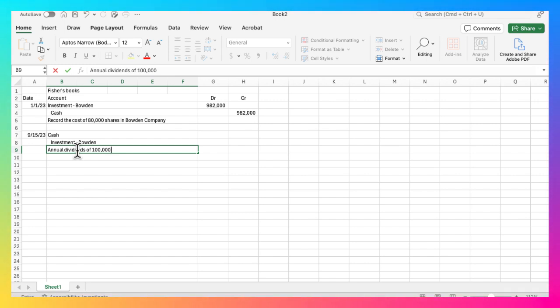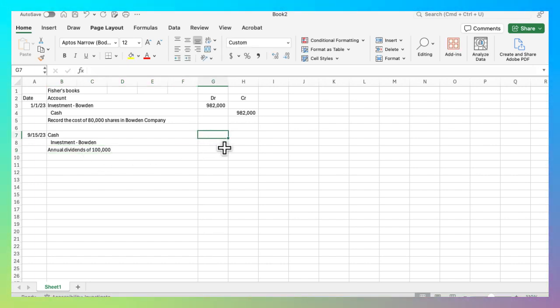Because we have this close relationship with Bowdoin, when they pay out a dividend, we as Fisher need to decrease the value of the investment. So we take $100,000 and multiply it by 0.4. That gives us $40,000.